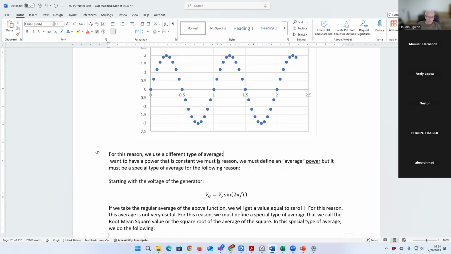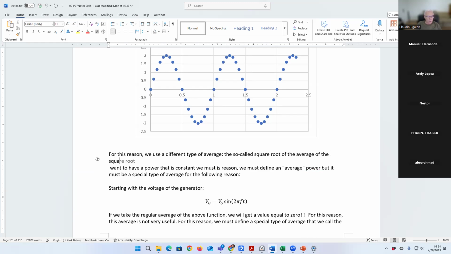The so-called square root of the average of the square. First, we square the function.